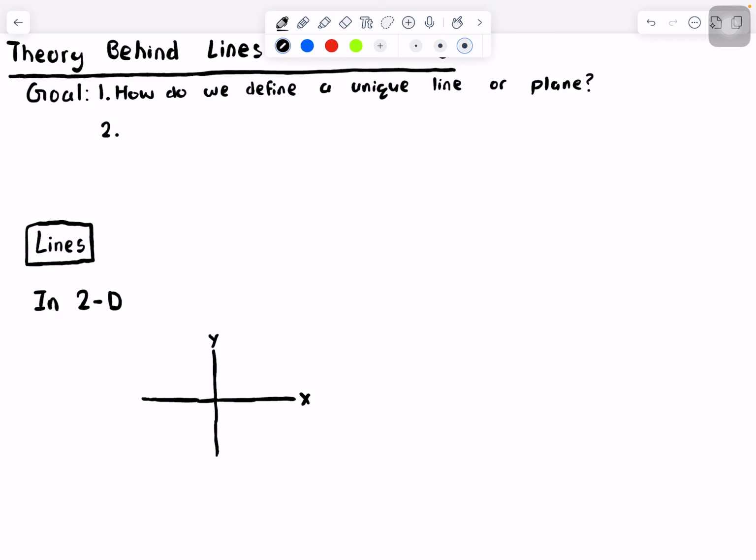Goal 2 will be: is the description we give sufficient? Is it enough to tell us about all points on the line or plane?